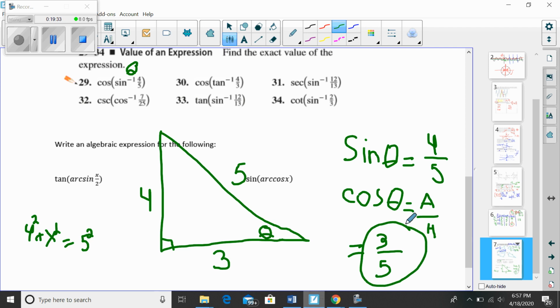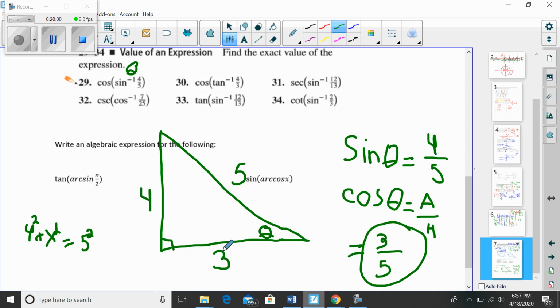If I were working through exercise 30, exercise 30 says the angle whose tangent is 4 over 3. So the angle whose opposite over adjacent is 4 over 3. Well, how nice. This is the exact same triangle.